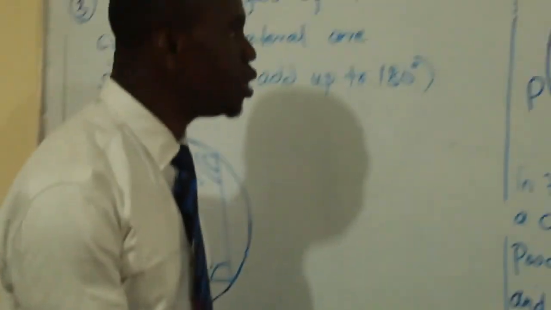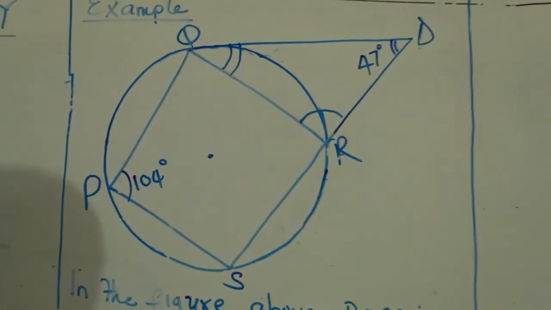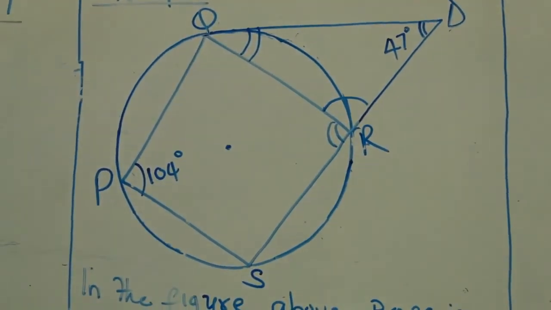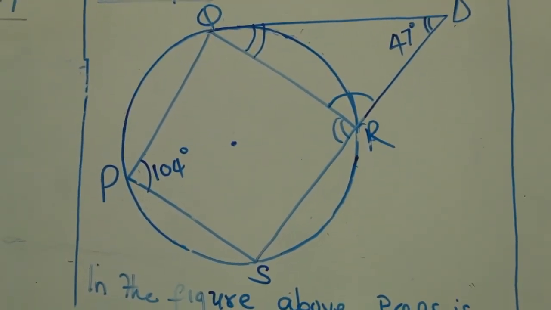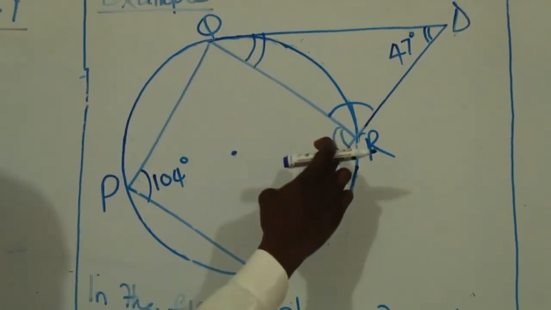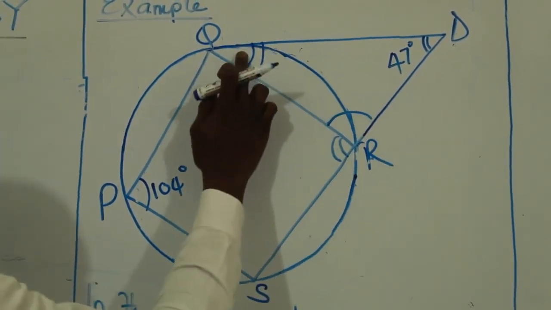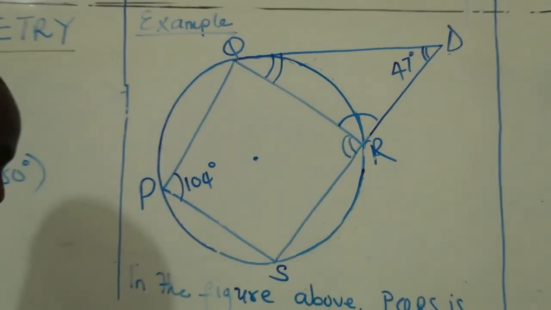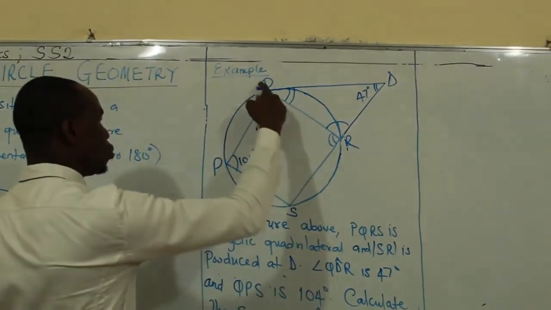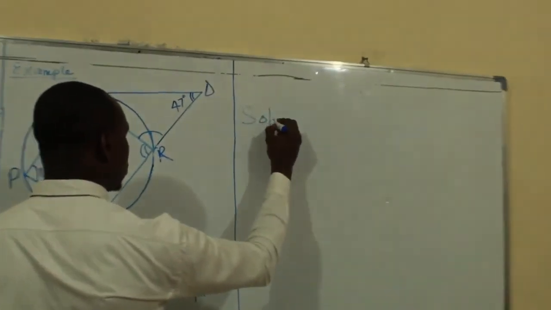Now if you look closely, this angle and this angle formed here should add up to 180 according to that theorem. So to get this angle, I should get here first, here next, and then get the required part of the diagram. I'll label it as QRS. So I write my solution.